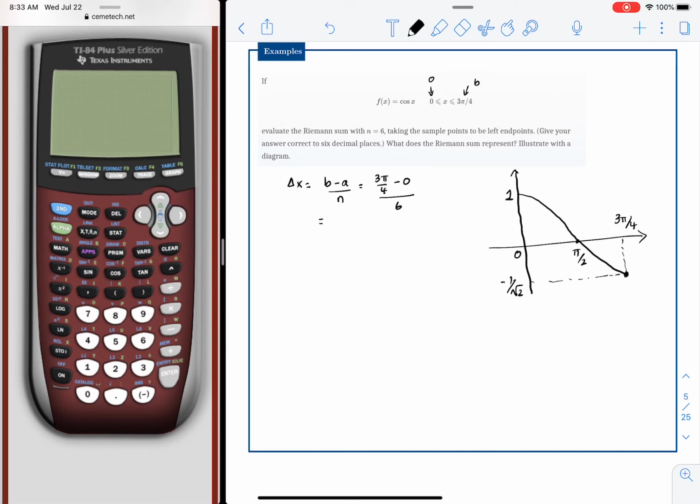Which would give us 3 pi divided by 4 times 6, which is simply pi over 8. So our first endpoint, x1, would be pi over 8. The second endpoint is pi over 8 plus 2 times delta x.